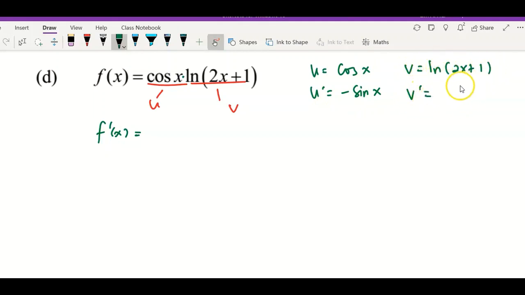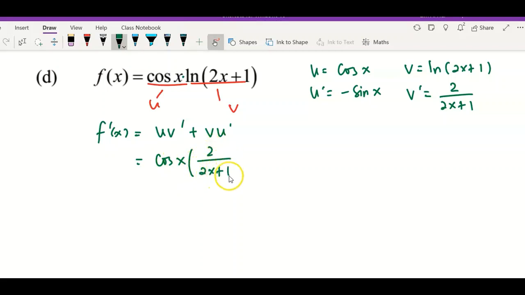And v prime, differentiating this function, you get 2 over the function itself, which is 2x plus 1. So this is the formula to differentiate the log. And to get your f prime x, I'm going to use the product rule, u v prime plus v u prime. U is cos x, multiplied by v prime, which is 2 over 2x plus 1. Plus v, which is log of 2x plus 1, multiplied by u prime, negative sine x.